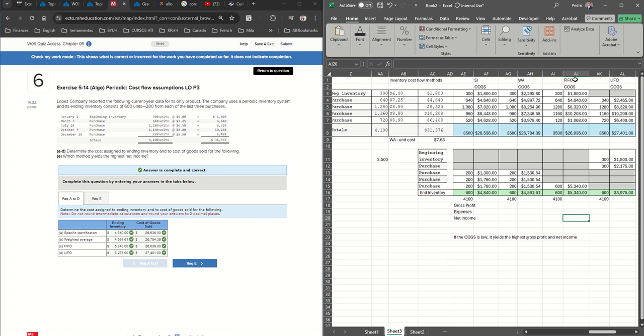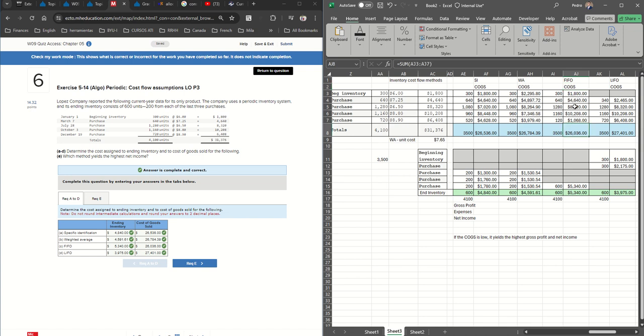So we are getting okay. In the case of FIFO, it is a kind of tricky tool, you see. But in this case, we're going to do it the opposite way. We're going to start by figuring out the COGS first, and then the ending inventory cost in units.